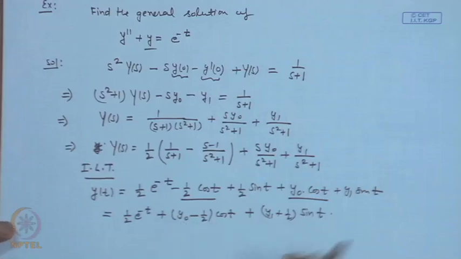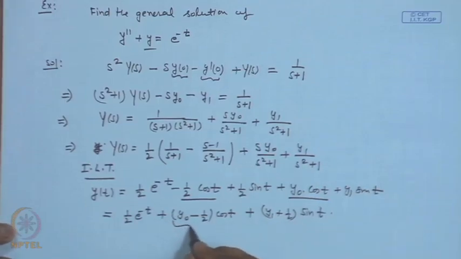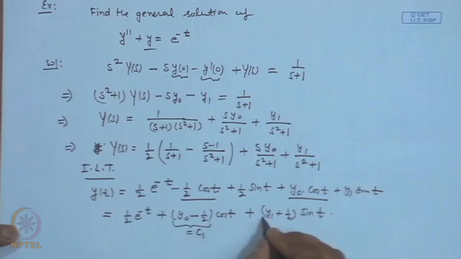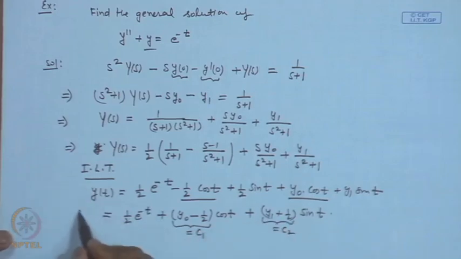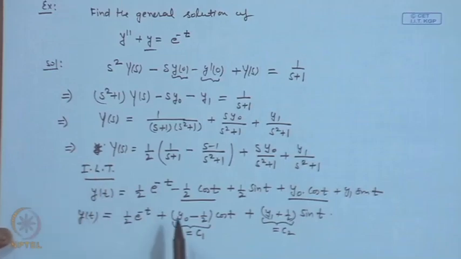And this y 0, y 1 are arbitrary constants. So, y 0 minus half we can put as another constant, and this we can put as another constant. So, this is the general solution of the given differential equation, that is y(t) is half e power minus t, some constant with cos t plus another constant with sin t.